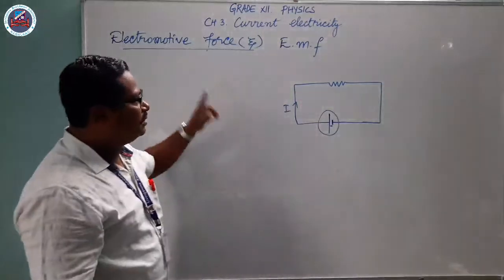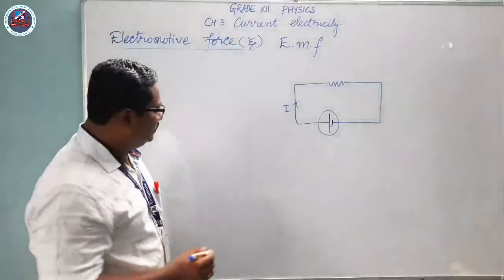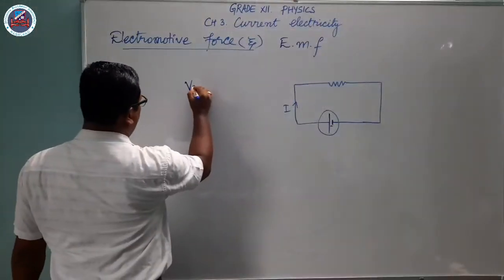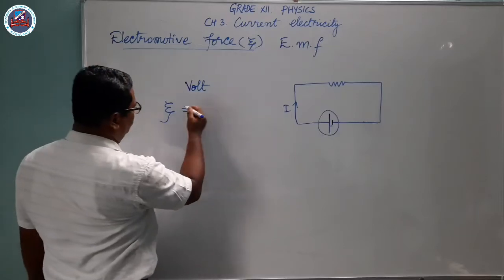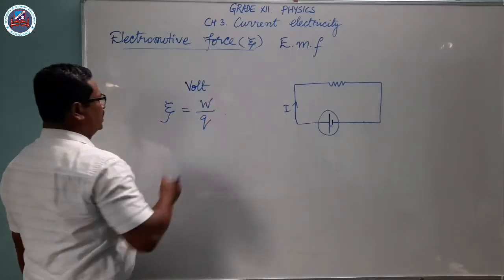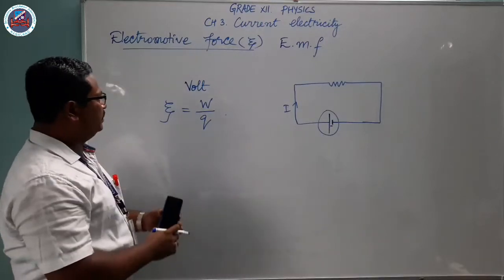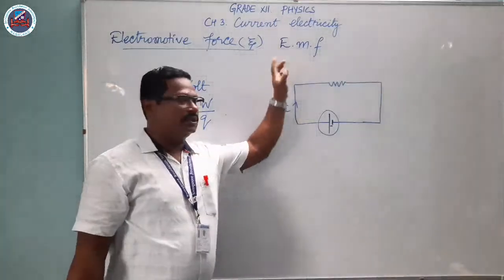Here the SI unit of EMF is the same as that of potential. We write it as volt. And electromotive force epsilon can also be written as the work done in bringing unit positive charge. So this way we can represent electromotive force.